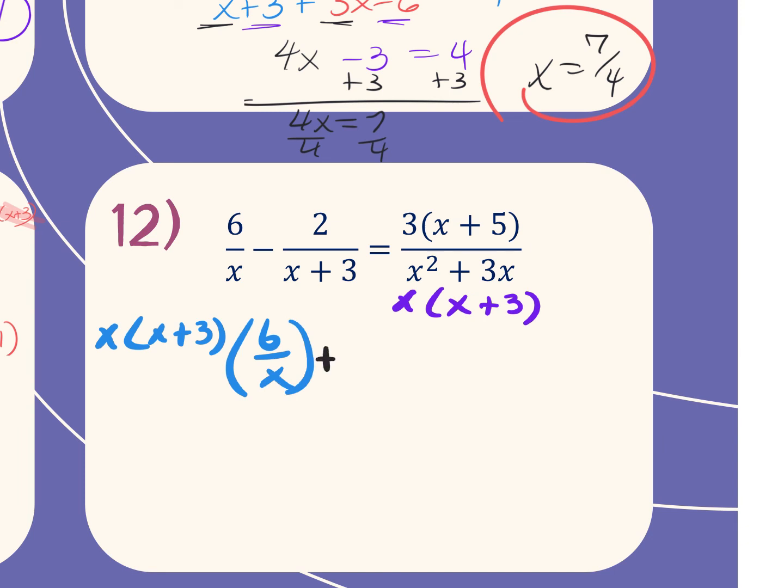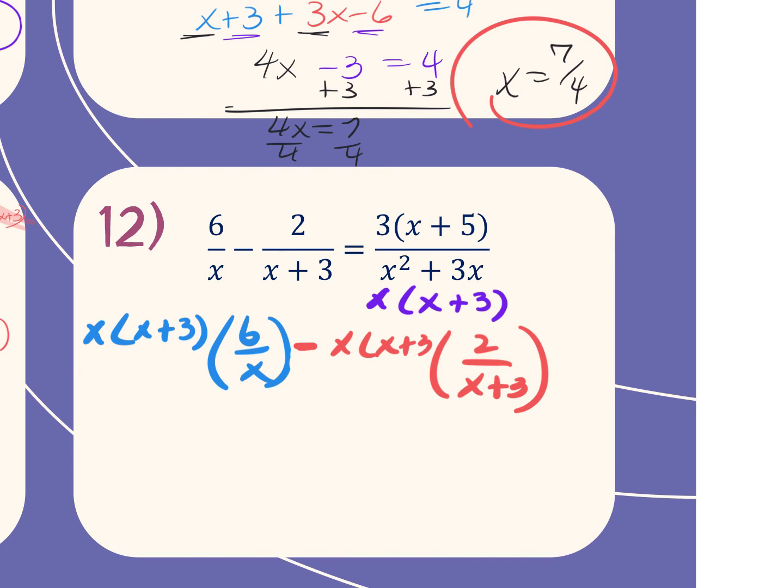Then the next one, x times x plus 3, 2 over x plus 3. And look what I did again. This is a subtraction sign here, not an addition sign. So be very, very careful when you're writing down your problem. So this is a subtraction sign that's going right in here.